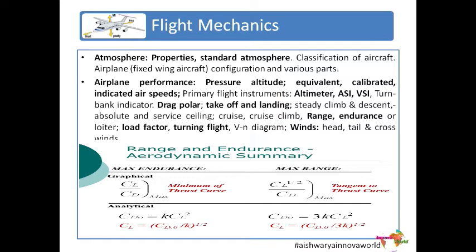You better focus on the formulae, and you will see that the CL by CD term changes. In one case it is CL by CD, in another case CL^(1/2) by CD, and in another case CL^(3/2) by CD. Which formula applies in which case is very important.